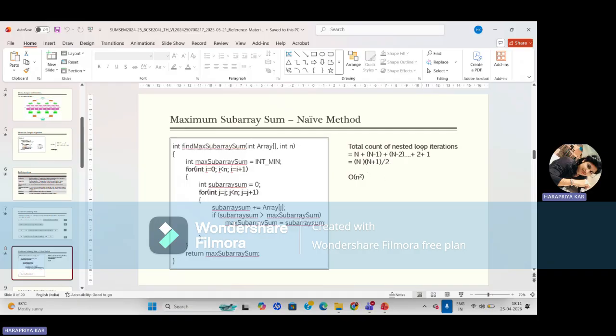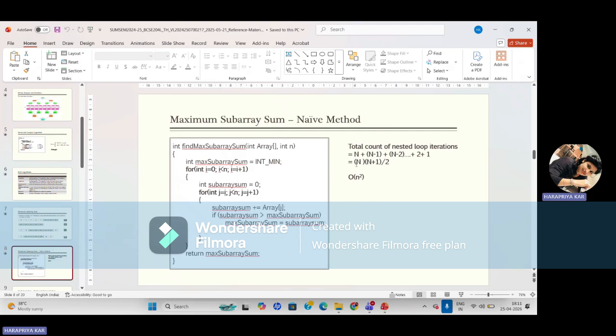So if we multiply, we get the complexity as big O of n square. This is very important, and you may get this kind of question in your GATE or NET exam. They can ask what the time complexity of the naive method for maximum sub-array sum is, so remember it is big O of n square.